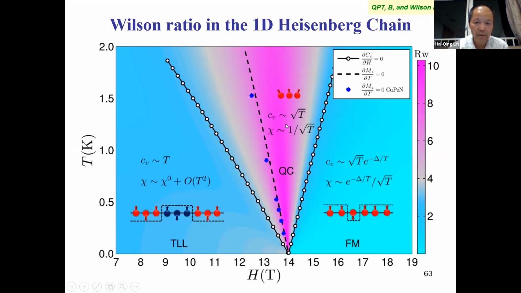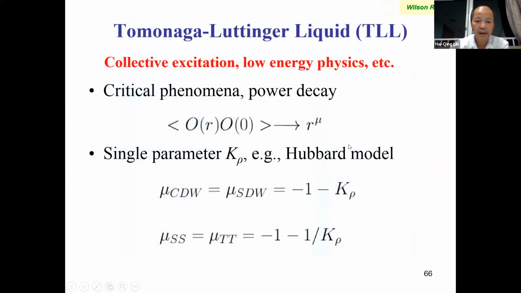So this is the beauty of using the Wilson ratio. Now, if you do more study, you find that the Wilson ratio is actually related to this kappa, the single parameter used to define phases in the Fermi liquid.